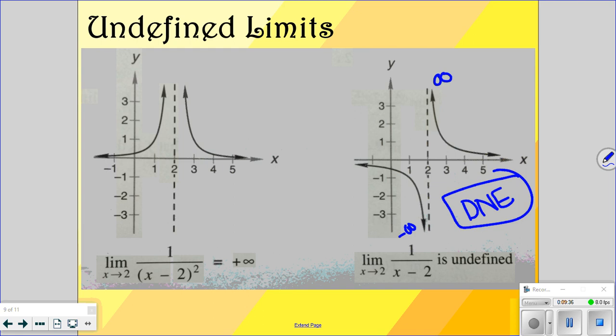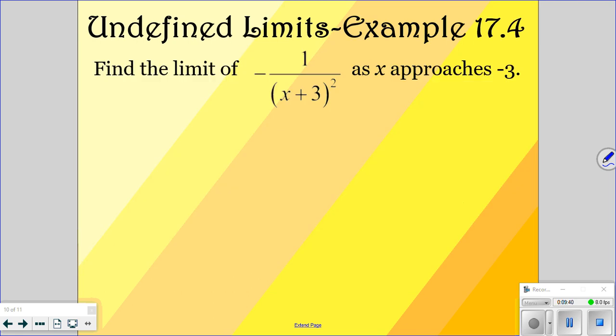So we want to look at an example. We want to find the limit of negative 1 over x plus 3 squared as it approaches negative 3. So if you want to write it in math terms, it would be x approaches negative 3 of this function. So the first thing we want to do is graph it.